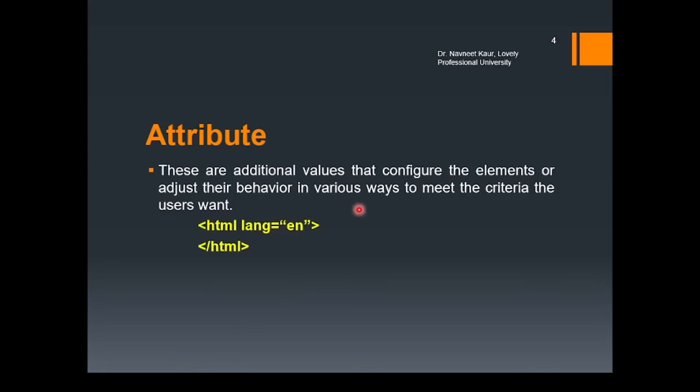As a very simple example, we have a root element called HTML. Inside this HTML tag, we included one attribute called lang. This lang refers to language, whose value has been set to English. So here EN means English.